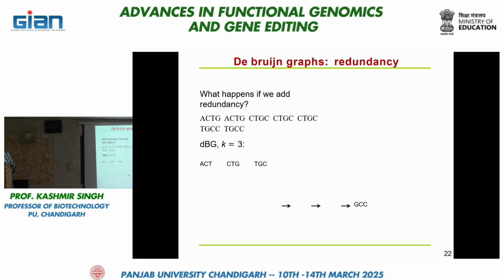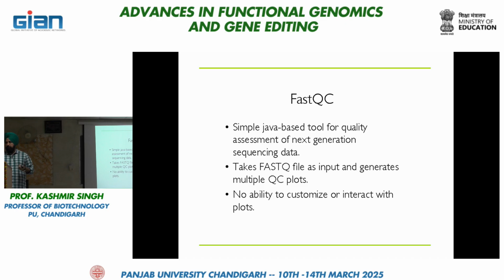Then if you have more redundant data, you can increase or reduce the Kmer size depending upon the type of data you have generated. Then FastQC is another tool that is most commonly used when you are not using the Illumina Trinity software.